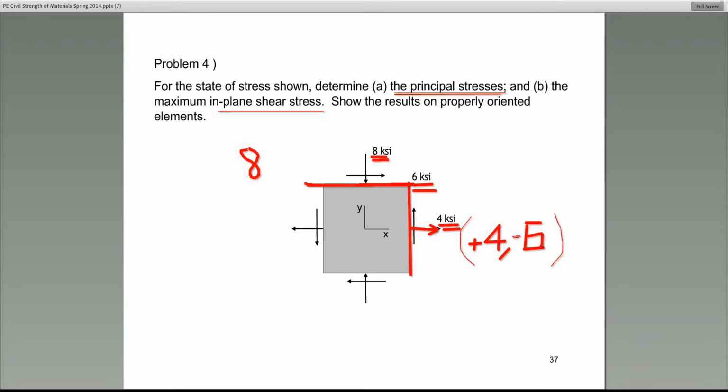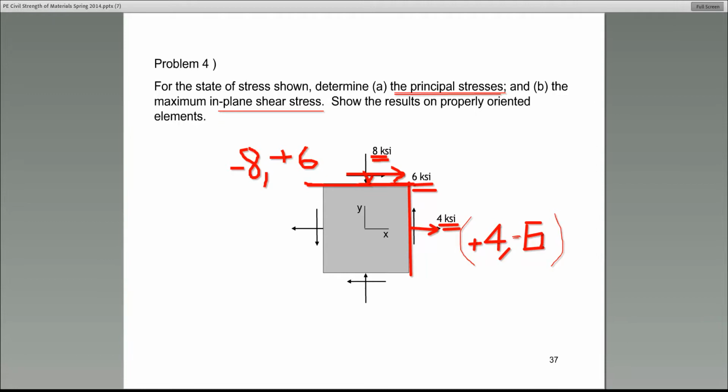Steven says negative. Why? Because it's a compression. It is pushing towards the face. All right? What about the y coordinate of that point? The y coordinate of the point, that's the shear stress. Would that cause the block to go clockwise or counterclockwise? If you said clockwise, you're correct, and it would be plus 6.